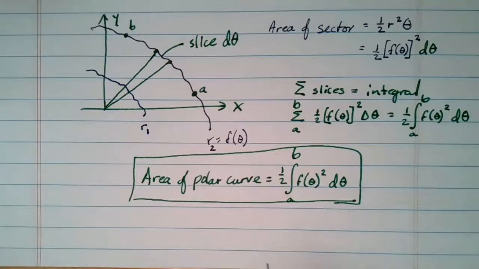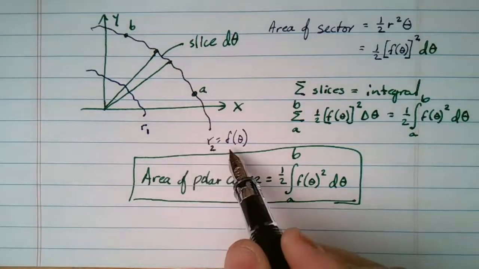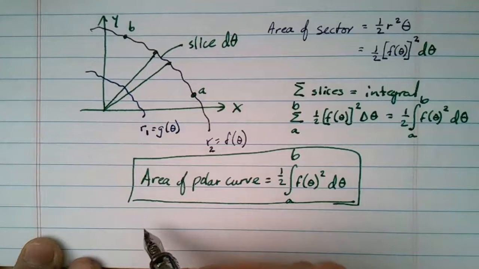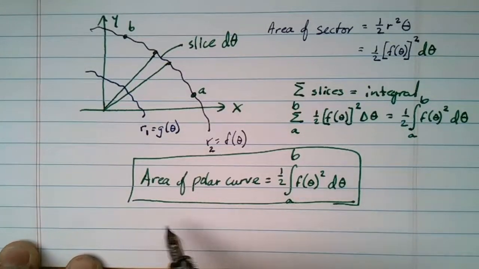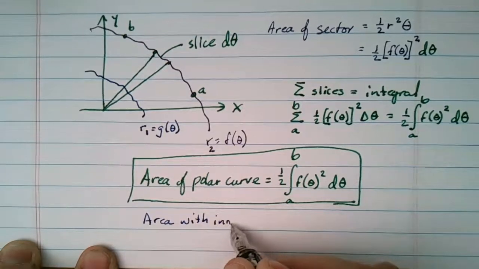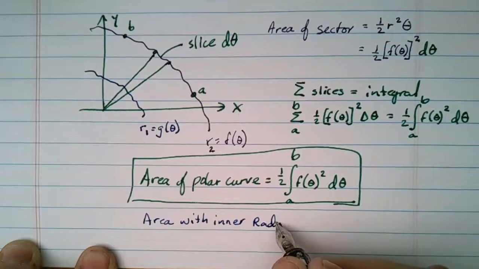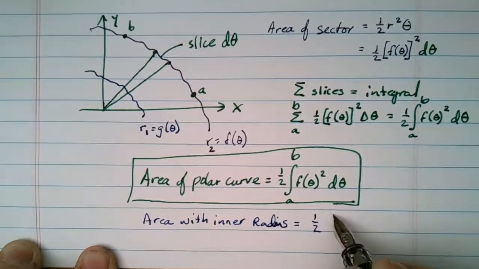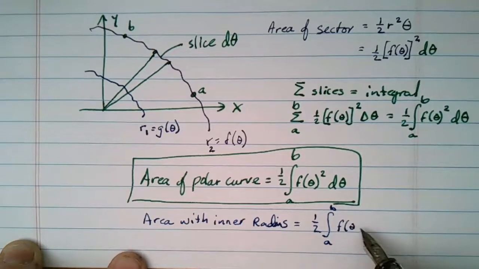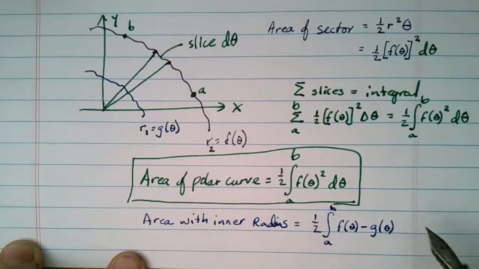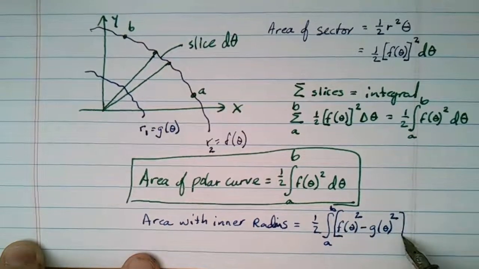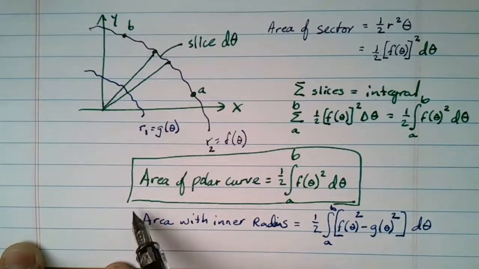So if I apply this and say R2 was f of theta, and R1 was g of theta, and I apply this to a polar curve with an inner radius, we could say that this area is equal to 1/2 integral from a to b of f of theta minus g of theta, and do remember, it is to square this term and square this term, not to square the quantity d theta. So that is the area with an inner radius.